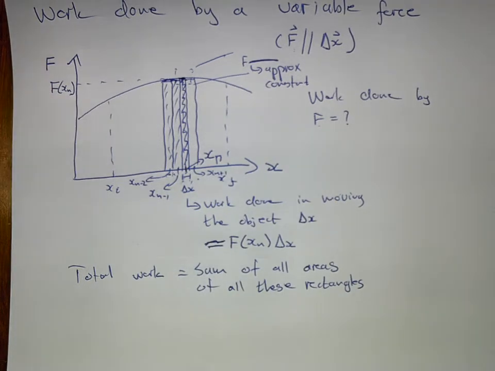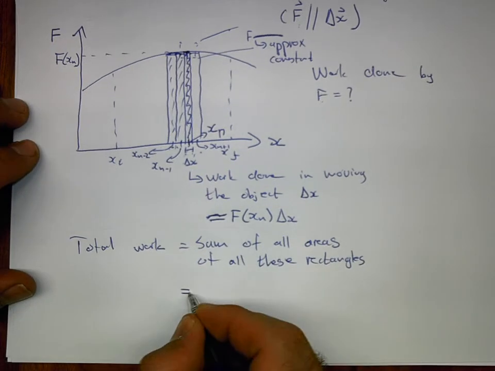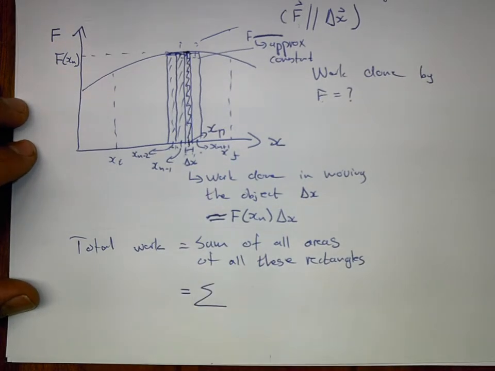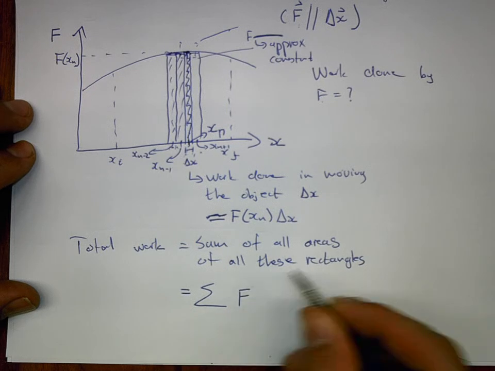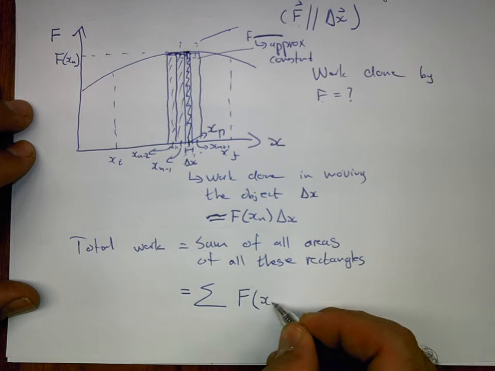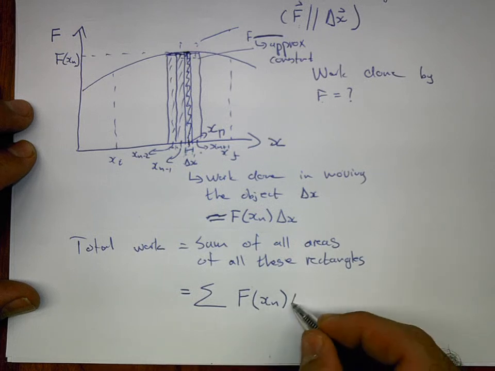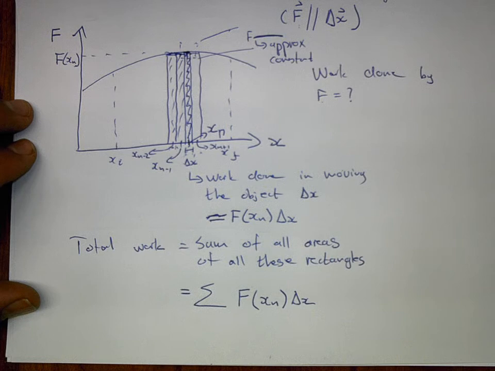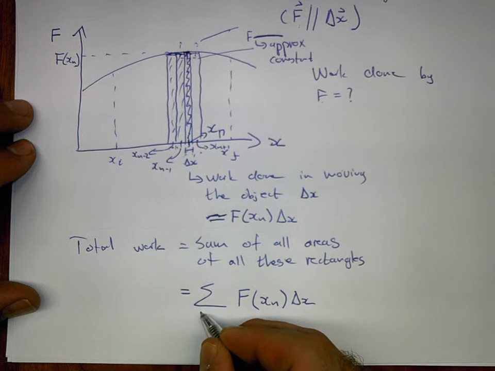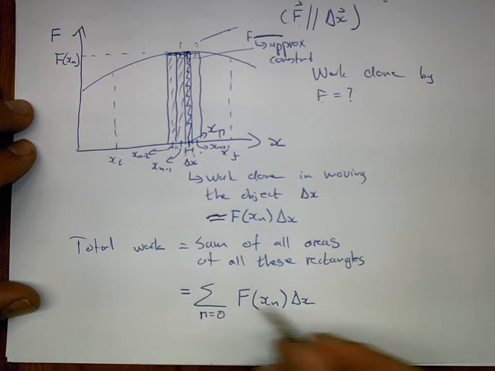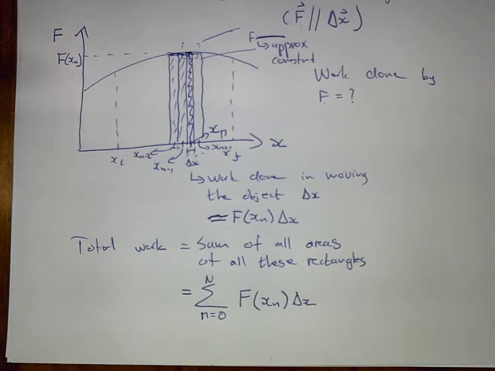And we've now divided this area into a certain number of tiny little rectangles. So if we add them all together, it's the sum of all the areas of the rectangles. Each rectangle has an area which is the force at a certain position times the magnitude of that interval, and that index goes from 0 to, say, however many little rectangles we had. So what we're saying is we can get the total work done by adding up all these tiny little areas.